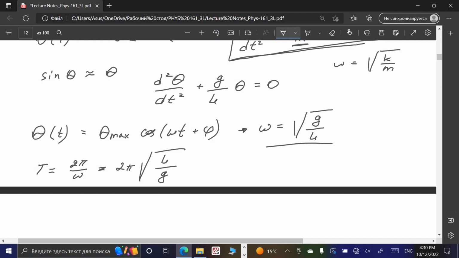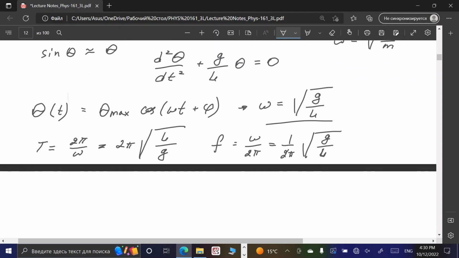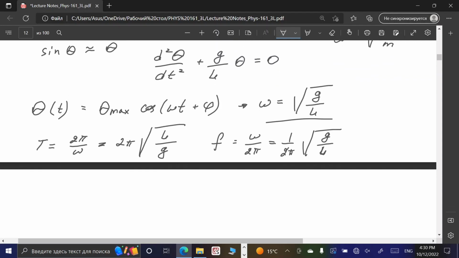And frequency f is equal to, no, opposite, omega divided by 2 pi, and that will be 1 over 2 pi times square root of g over L. So here are the key parameters which describe periodic motion of this mathematical pendulum: angular frequency, period, and frequency.